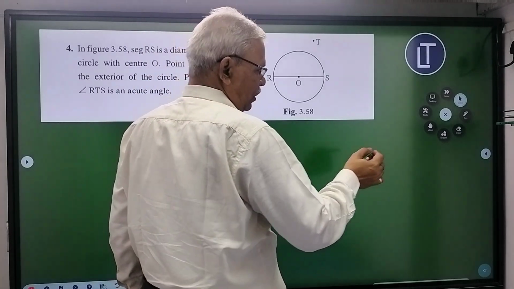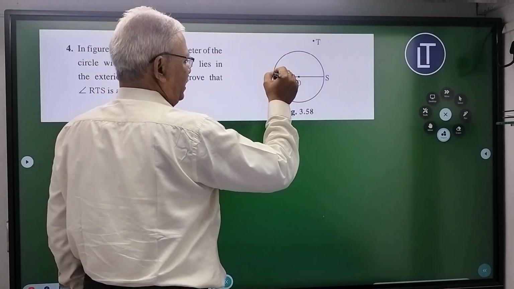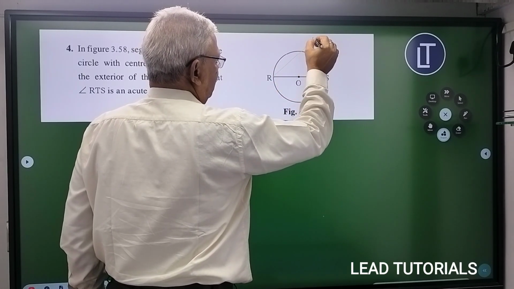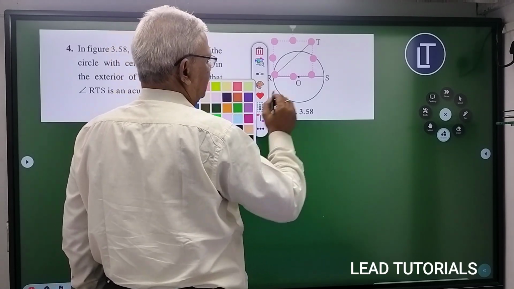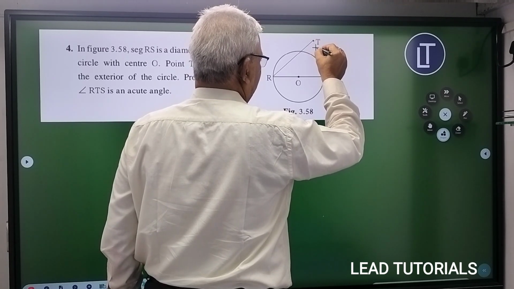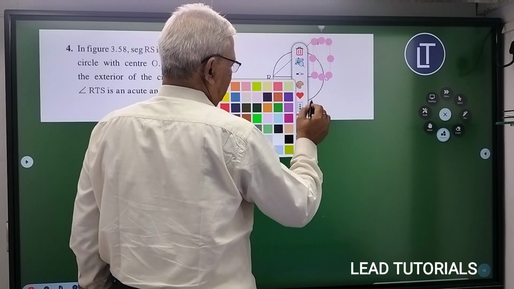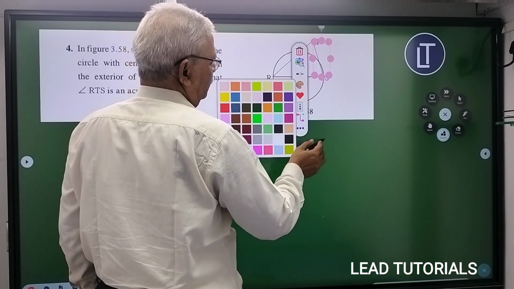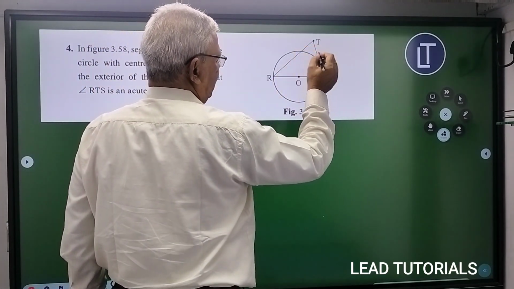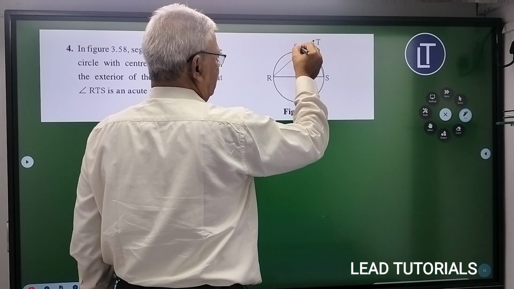First, we will construct here. First, we will join R with T. Okay, we will join it, and then after this, we will join T with S. Let this RT intersect the circle at point P. You have to consider it.